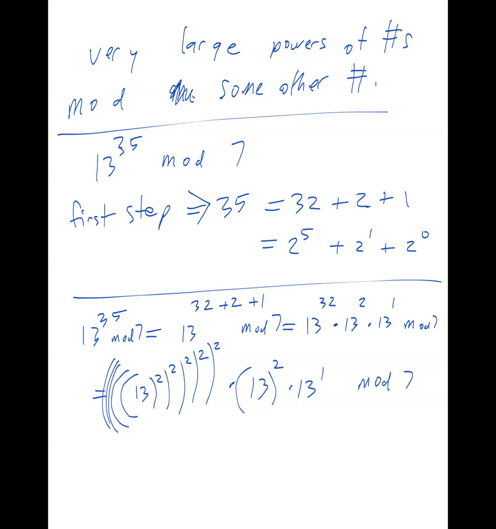What's the remainder of 13 when you divide it by 7? It's 6. Yep, correct. So you get 6 to the power of 1. Actually, we don't need the power of 1 because that's just going to be 6. What is 13 mod 7 in the other one? It's also 6, right? That's also 6. So we reduce those all to be 6s.